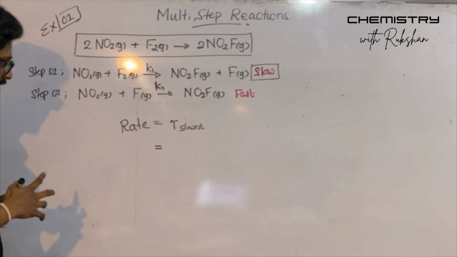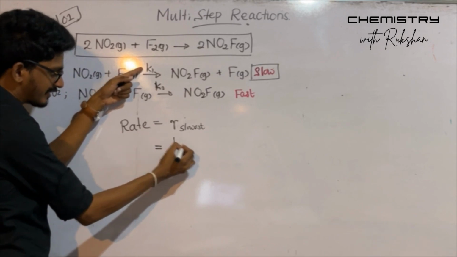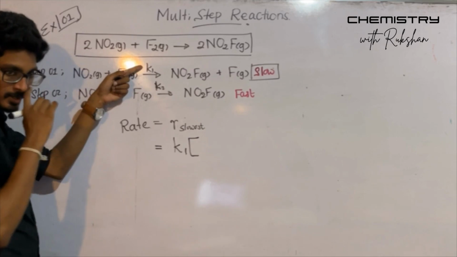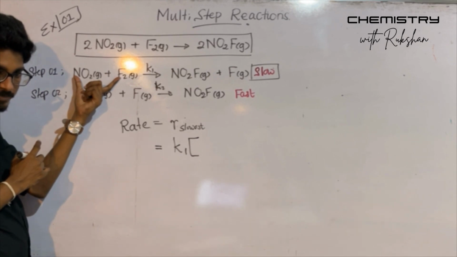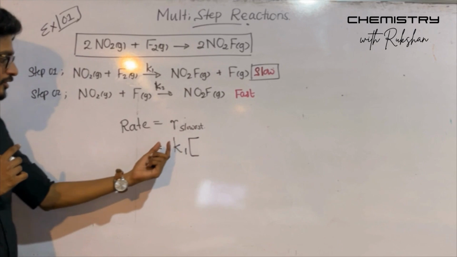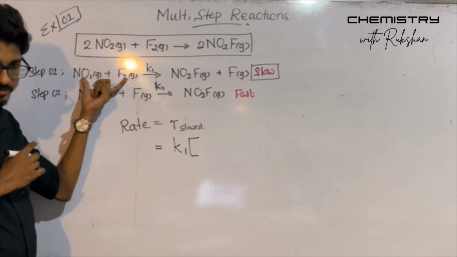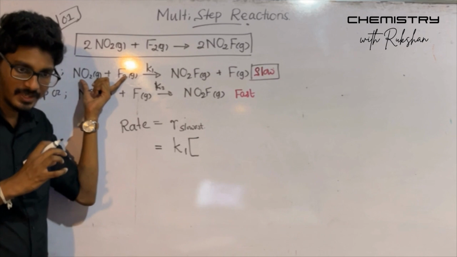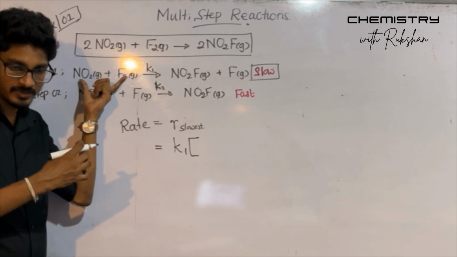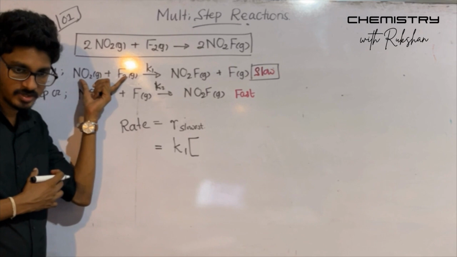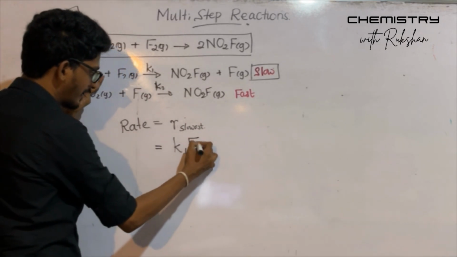So we can write the rate of the slow step as the rate constant of the slow step, which is K1, into the concentrations of the reactants of the slow step raised to their orders. And when we are considering elementary steps, the orders become the stoichiometric values. So we can write the rate of the slow step as K1 into NO2.